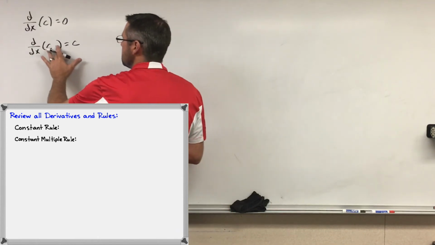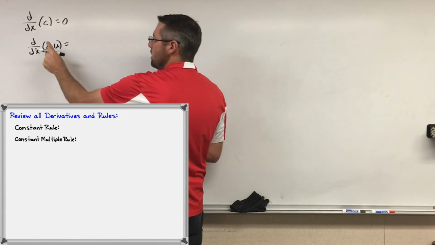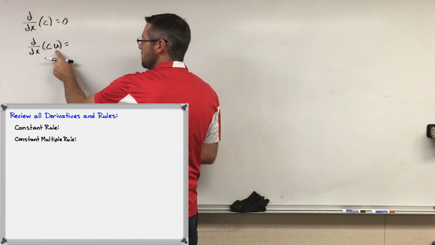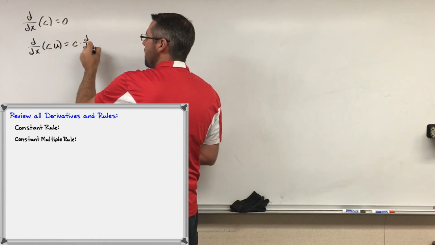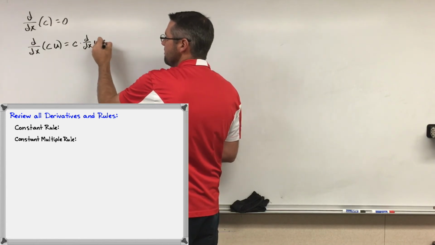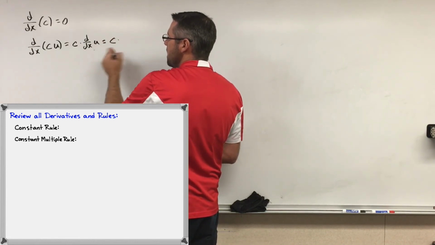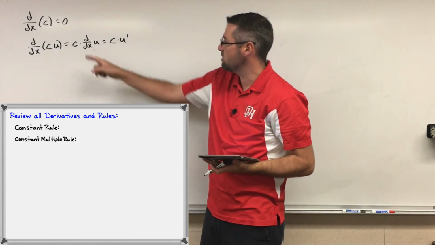Maybe I should write it as cu, where c is a constant and u is a function. Then we would take the constant out and find the derivative of the function. Now if I simplify that, that becomes a constant times u prime, because u is a function with respect to x.